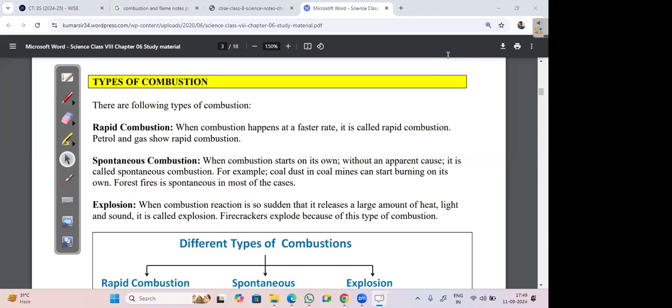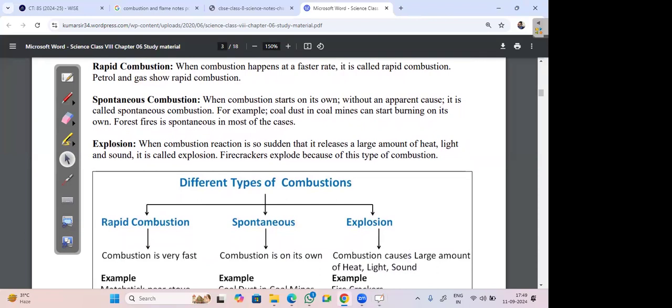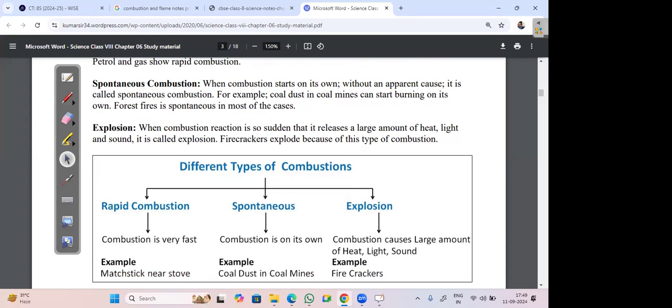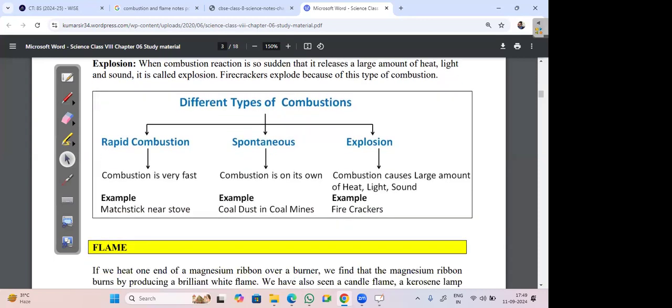Okay. Then the last one is explosion. When a combustion reaction is so sudden that it releases a large amount of heat, light and sound, it is called an explosion. So rapid combustion is very fast, like a matchstick against a stone.